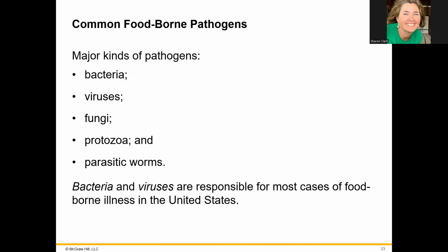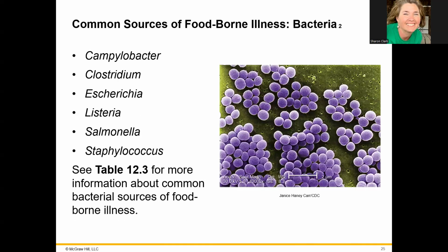When we look at the major kinds of pathogens, we mentioned them a little bit earlier, but we're going to go into them here in detail. Remember, bacteria, viruses, fungi, protozoans, and parasitic worms. This is not a complete list, but these are the major ones.